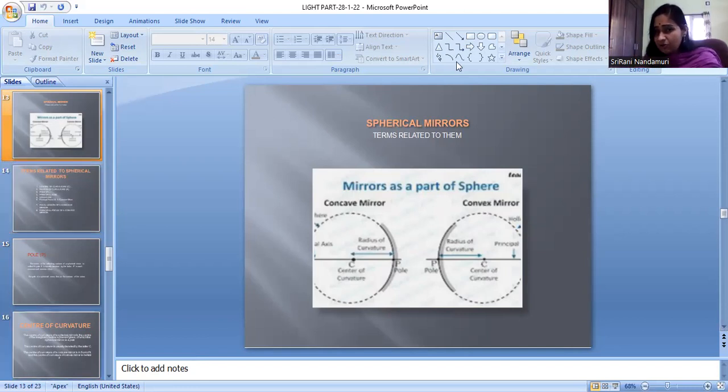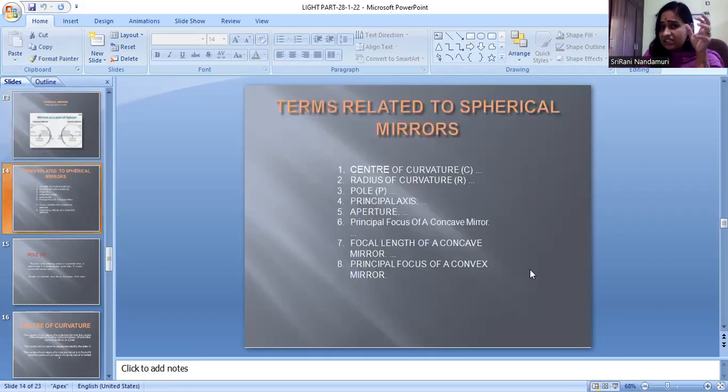Before going deep into how images are formed in spherical mirrors, you have to learn some very important terminology related to this topic. What are those terms? What is a pole? What is the center of curvature? What is the radius of curvature? What is aperture? What is principal axis? What is principal focus? What is focal length?